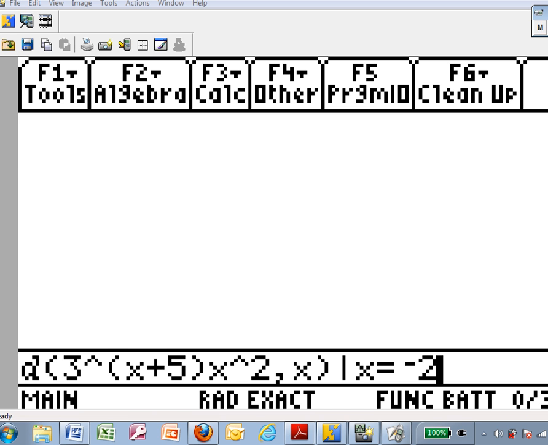So second 8 is the derivative, the lowercase or cursive d. And look, I typed in our function, 3 caret x plus 5 in parentheses times x squared, comma x, close my parentheses, bar x equals -2. Then we'll hit enter.